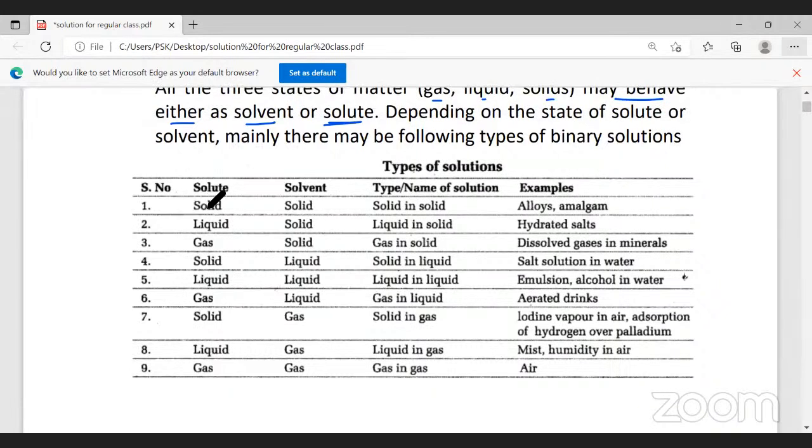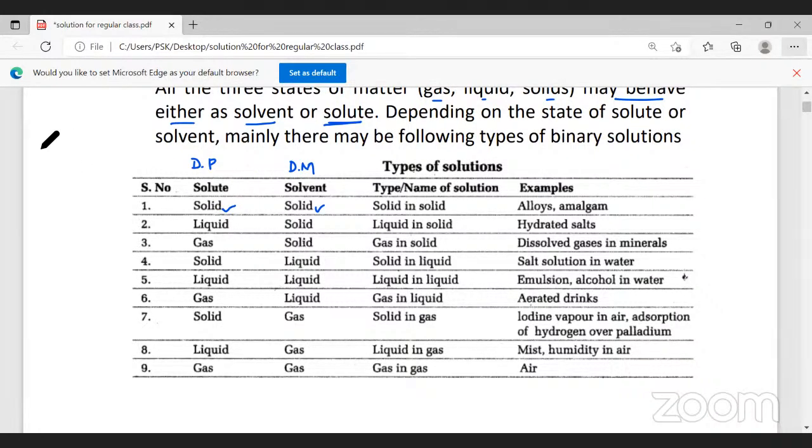The first one is where solute is a solid and solvent is also a solid. Solute is called the dispersed phase. Solvent is called the dispersed medium. Dispersed medium is something which is in large quantity, and dispersed phase, otherwise called a solute, contains a smaller quantity.